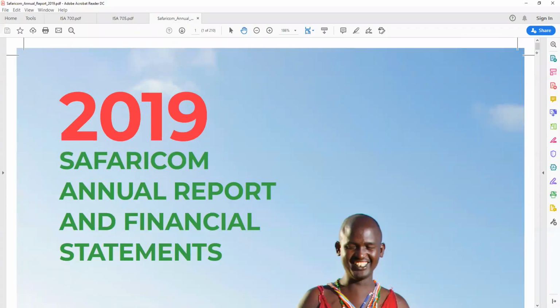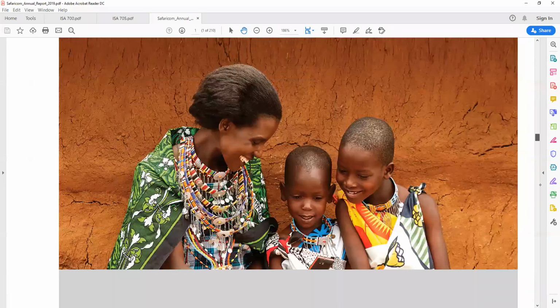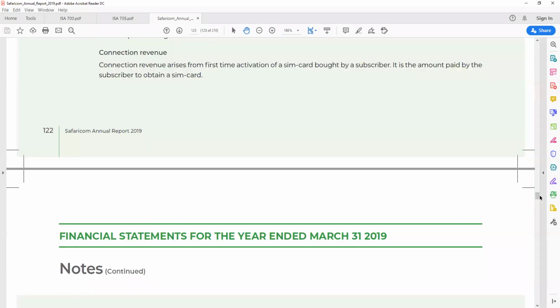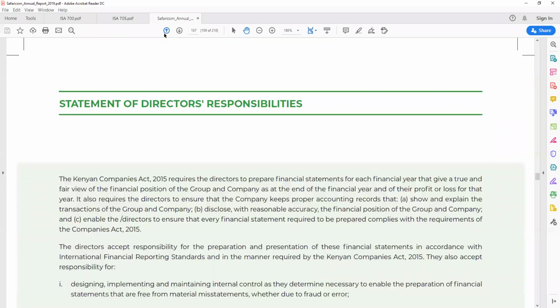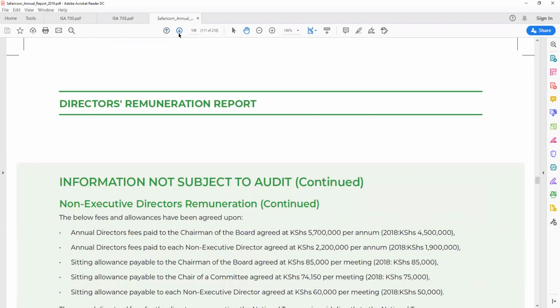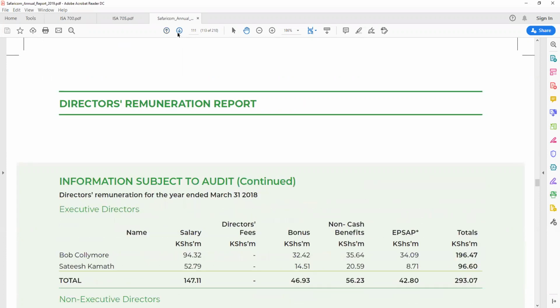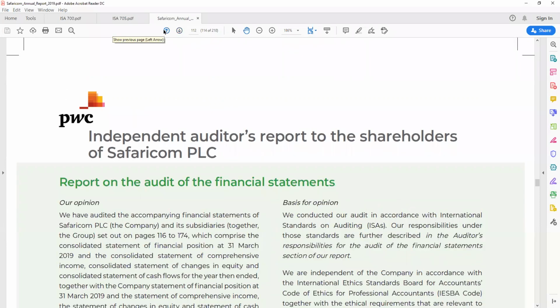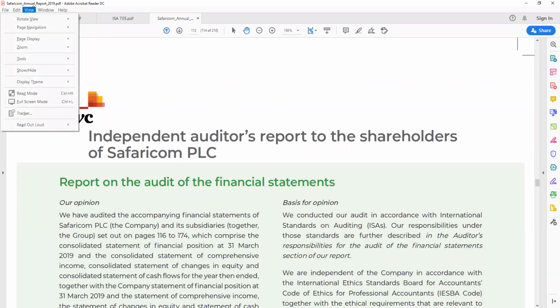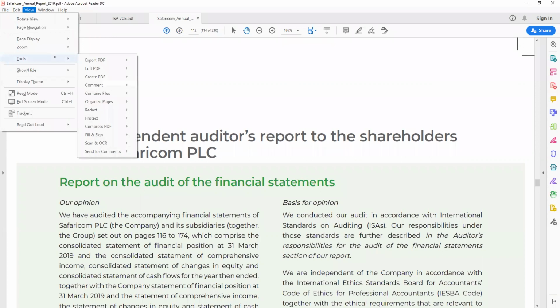Let me go to the report. So check on the report of the auditor. Yes, so this is the report of the auditor, of PwC to the shareholders of Safaricom.